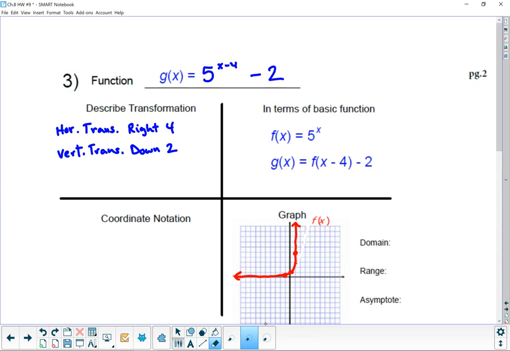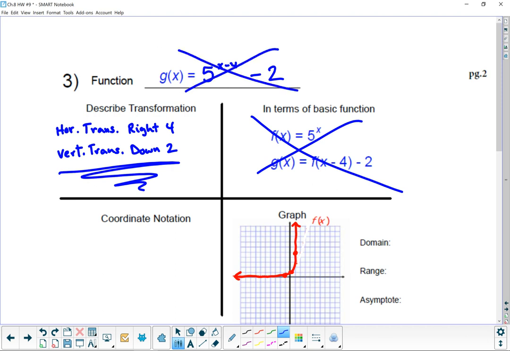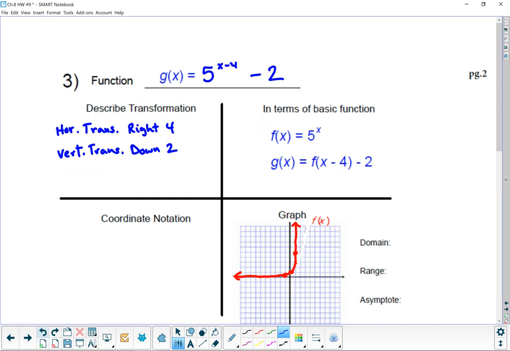Okay, coordinate notation. Now, coordinate notation is going to be off of what's happening, not the function. It's off of what you're saying is happening, not off of this right here or off of this right here. Coordinate notation goes along with the description of what's really happening, and that's going to be the described transformation. So coordinate notation, (x, y), that's going to turn into (x, and it looks like x is going to be right 4, so that's going to be plus 4.